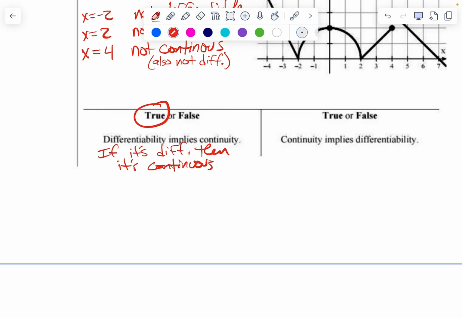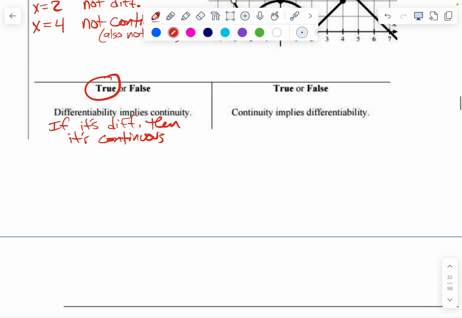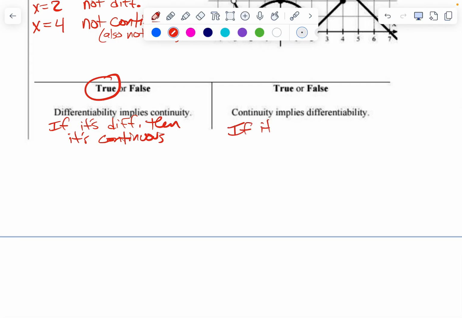Okay, this is the converse, if you remember back to geometry days. So we're just flipping it. If it's continuous, it's differentiable.